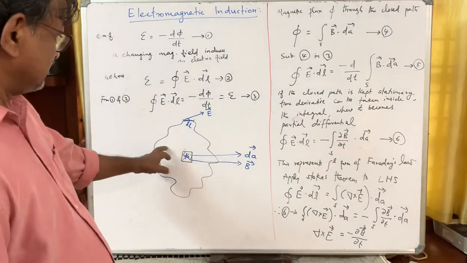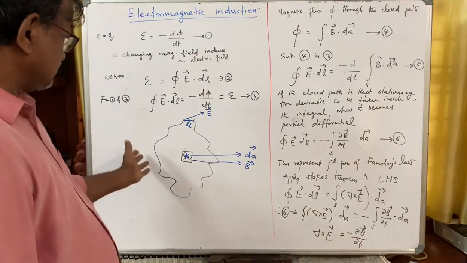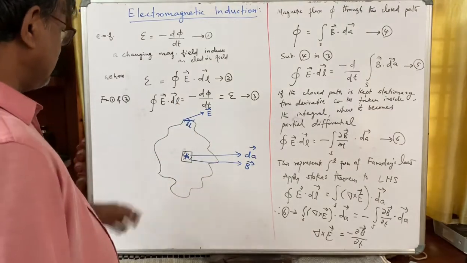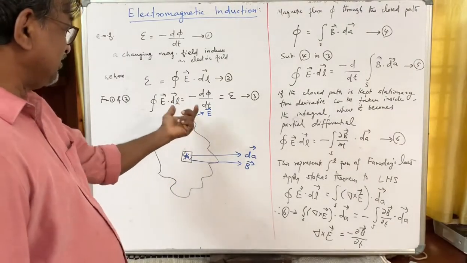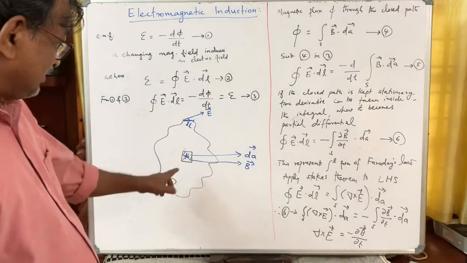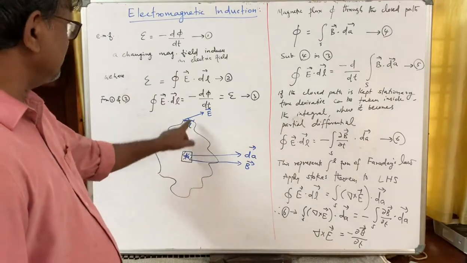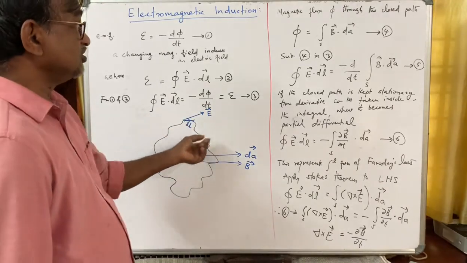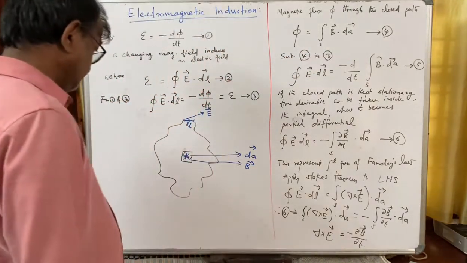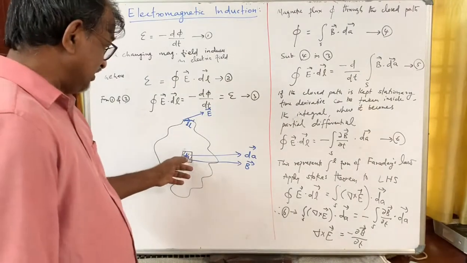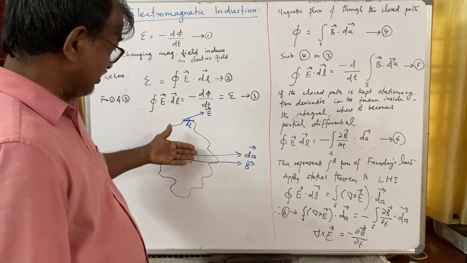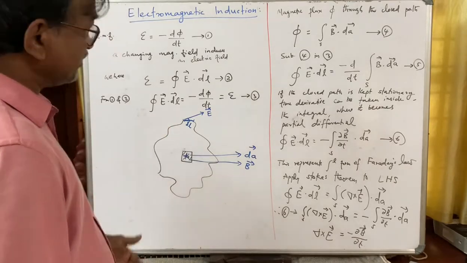So you just see this figure. This is the current element dl, and this is a small area dA. This vector dA is perpendicular to the area surface, and B is also perpendicular.